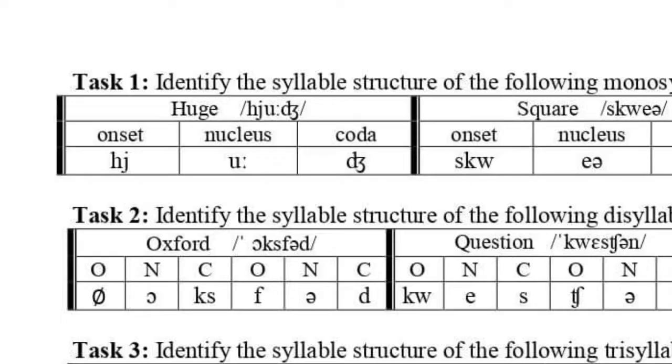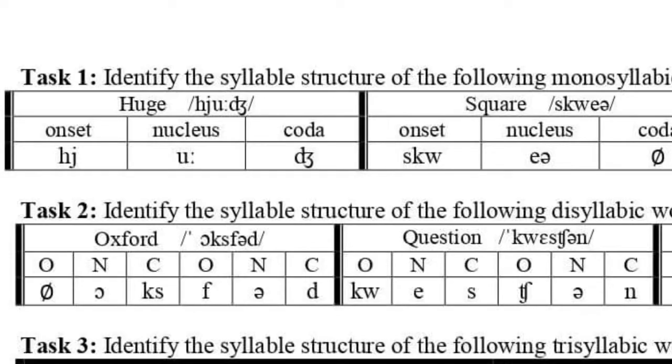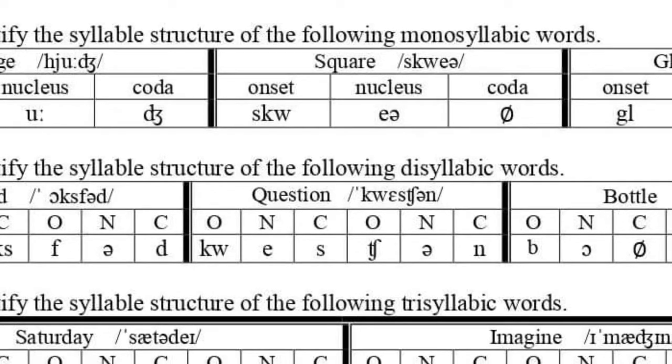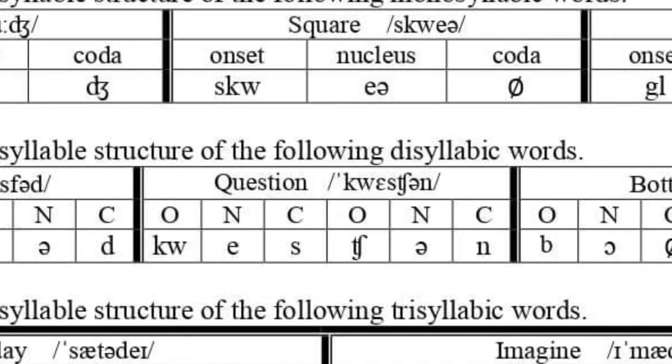By the way, O stands for the onset, N stands for the nucleus, and C stands for the coda. We move to the second syllable, which is ford. The onset is the consonant f, the nucleus is the schwa, and the coda is d. So Oxford.